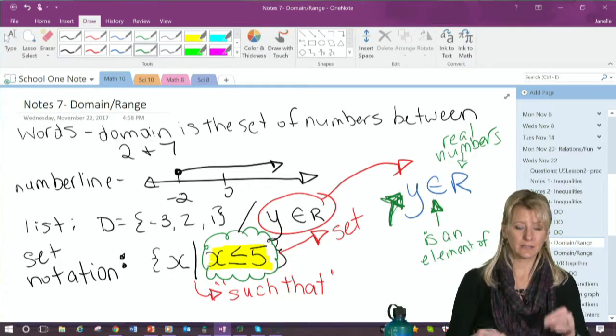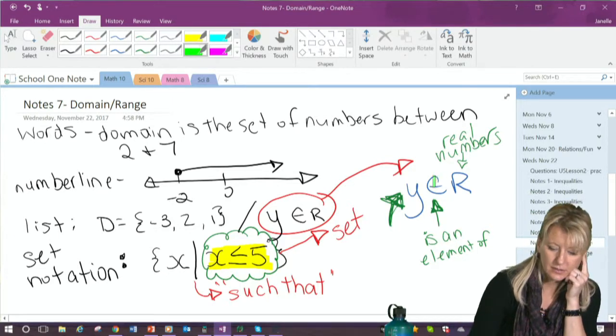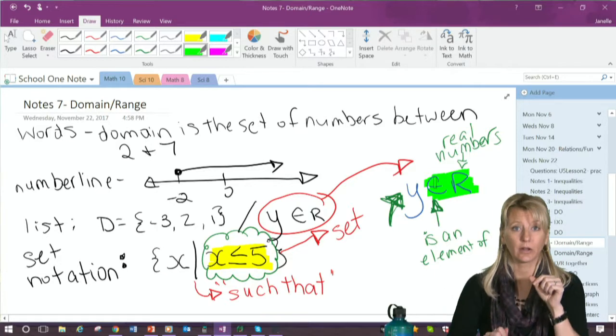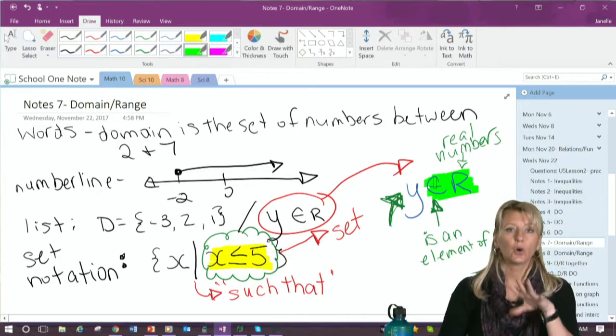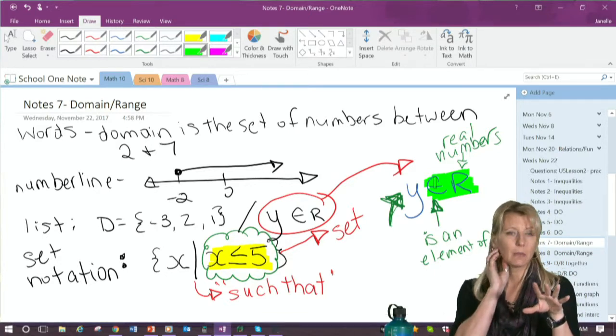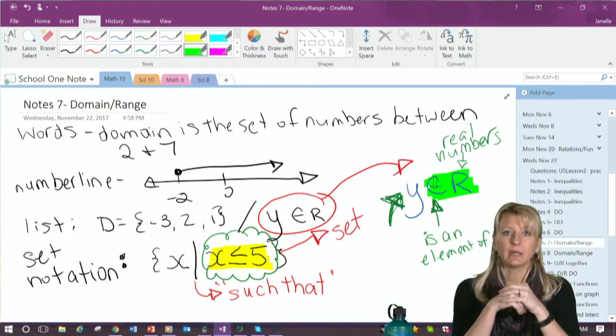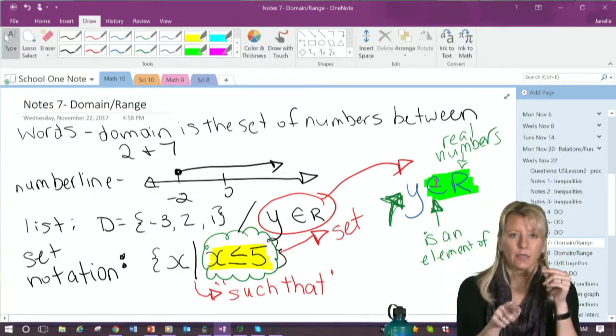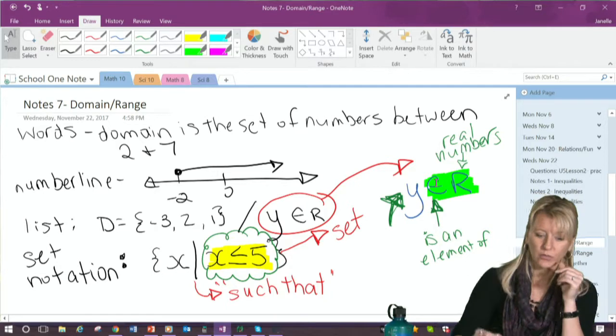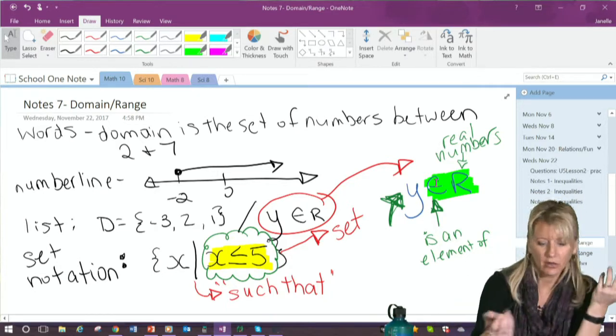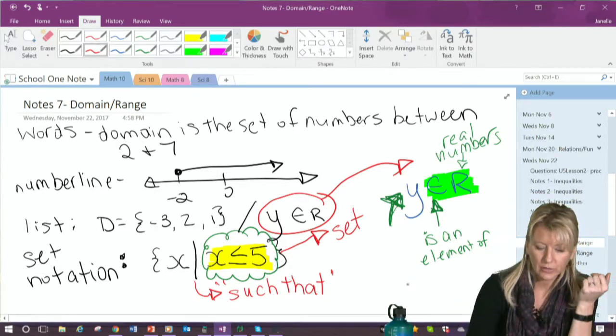So I just wanted to break that down. You are going to see this quite often, and you're going to be writing it quite often. So when there are no restrictions, when the domain or range can be any number on the number line, that's what you write. So this would be the range, can be all real numbers. And if you're doing domain, you would write it like this.